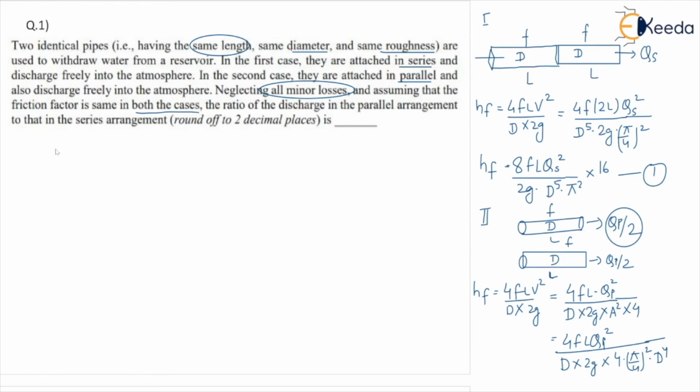So finally we are getting HF equal to 4FL QP square by 2G D to the power of 5 into pi square, and 4 times 4 is 16, and 4. So 4 and 16 cancel, so we are getting only 4. That 4 goes to the numerator, equation 2.